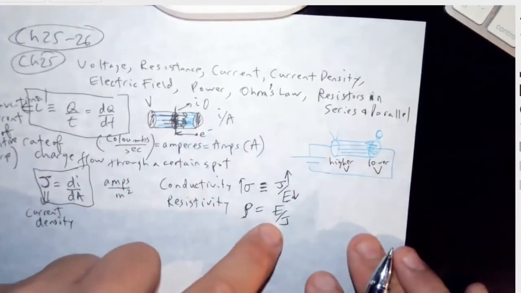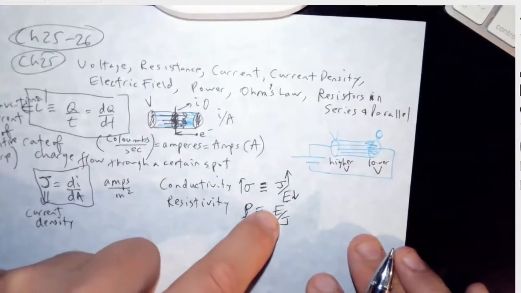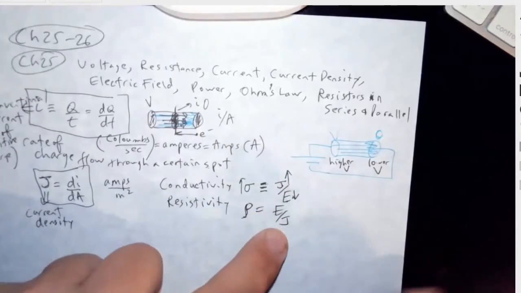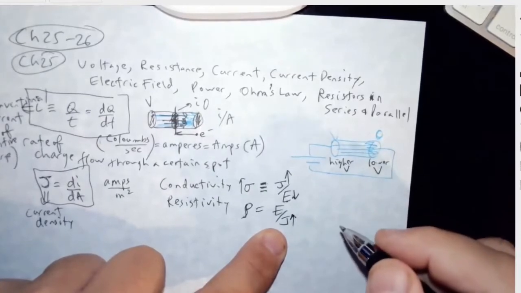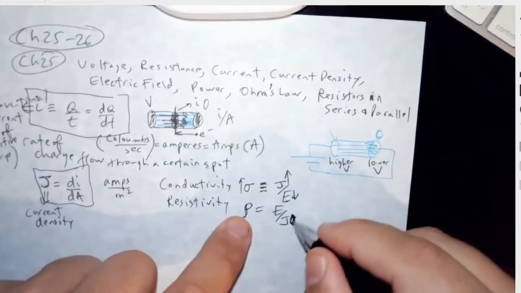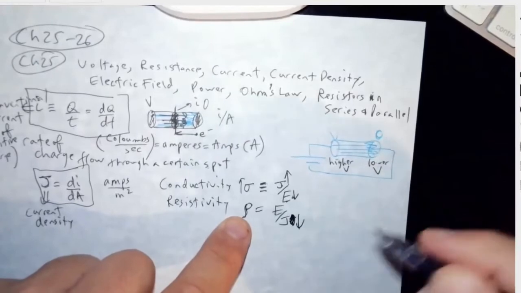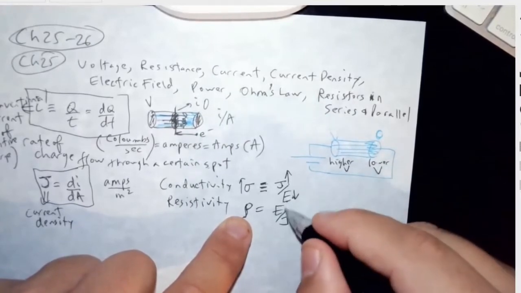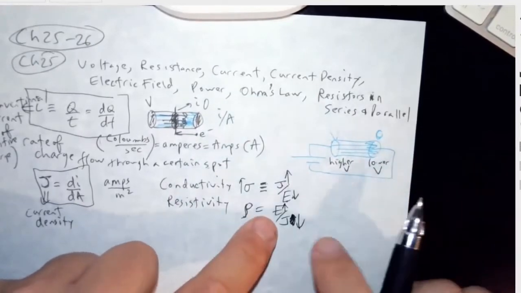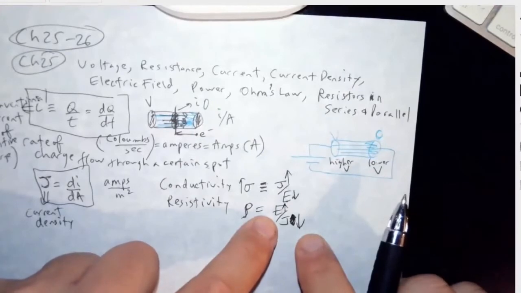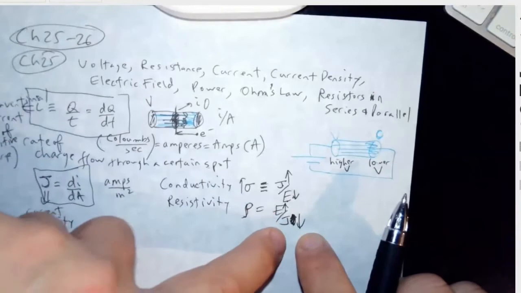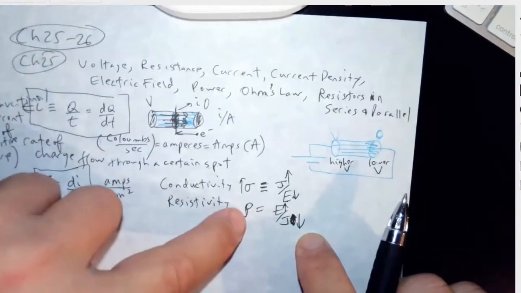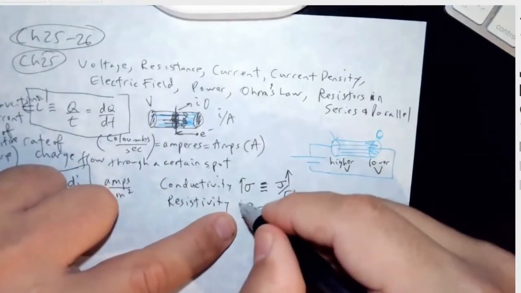So I should put it this way: the lower the current density and the more electric field is required to create that, right? So if a big electric field is required and the current density is low, then that means that's a very high resistivity.